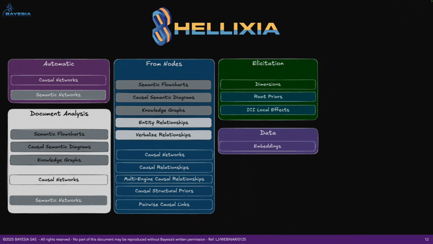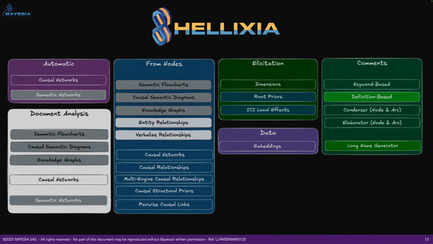We can use Hellixia for generating data, so at the end of the day, this is creating embeddings for capturing the semantics associated with the nodes. And we can use it for doing lots of things on the comments that are associated with the nodes. We can automatically create a comment that will contain a set of keywords, by using the keywords that we are also using for the dimension elicitation.